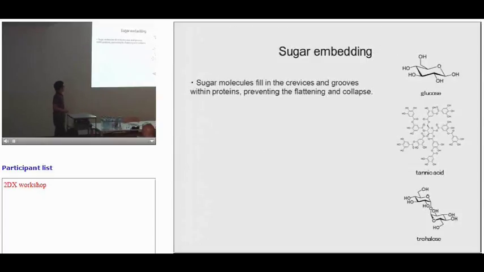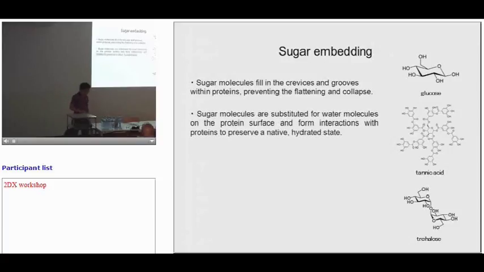Sugar embedding is important in that sugar molecules fill in the crevices and grooves within proteins, preventing the flattening and collapse. Hydration is essential in the integrity of protein structure.